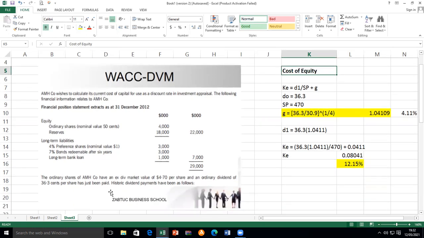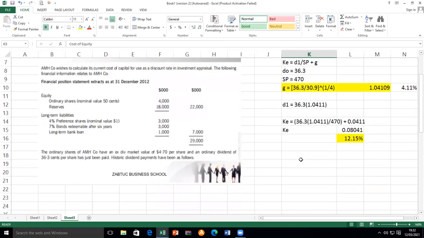Let's continue. Preference shares. Yesterday we came across preference shares. Dividend per share divided by market price per share.